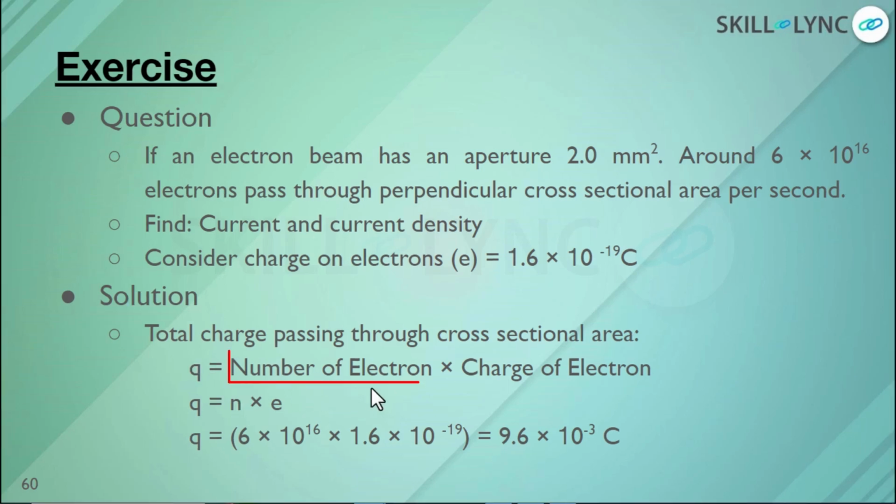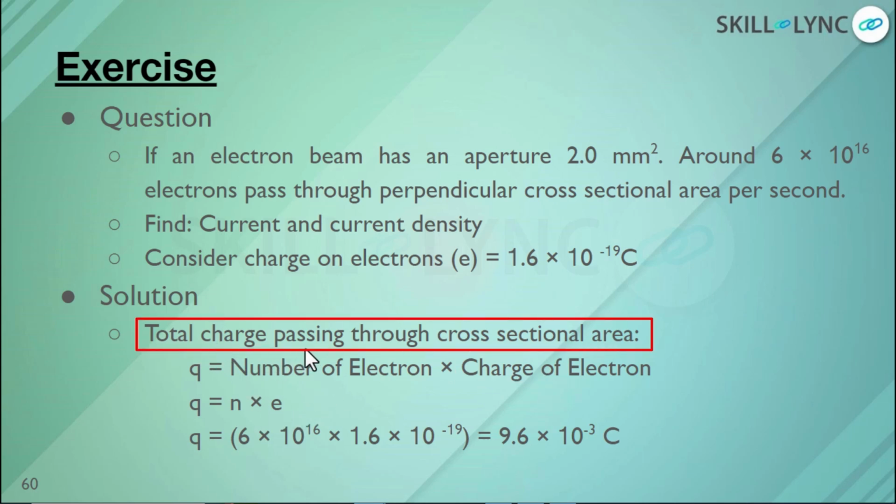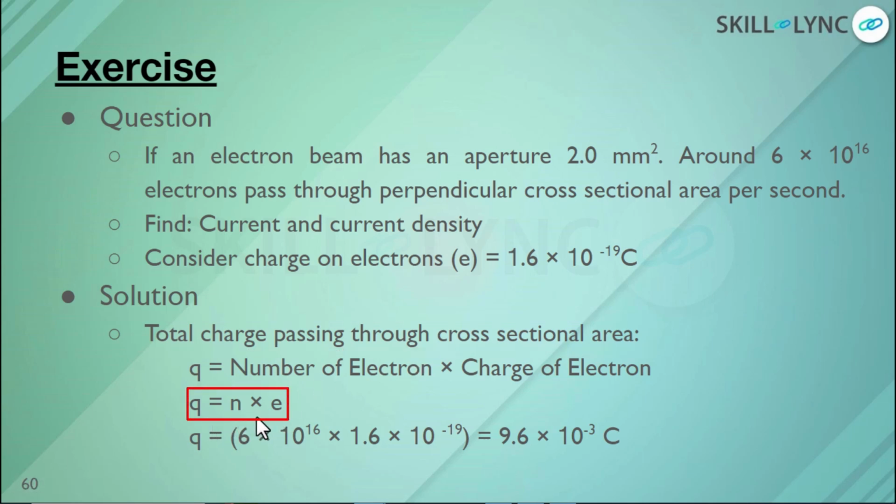Here, the number of electrons is denoted by small n and the charge of an electron by small e. Thus, Q = n e. On putting values of n and e, we get the total charge passing through the cross-sectional area as 9.6 × 10^-3 coulomb.